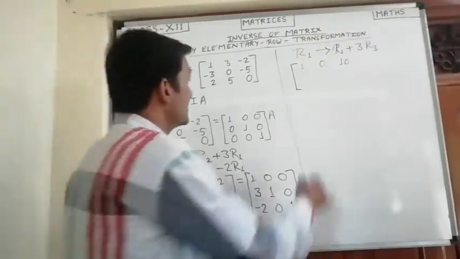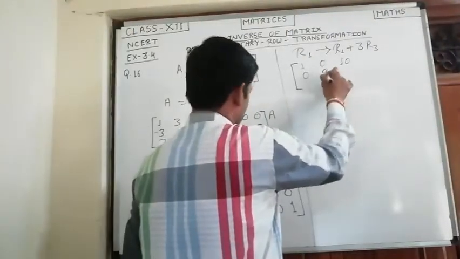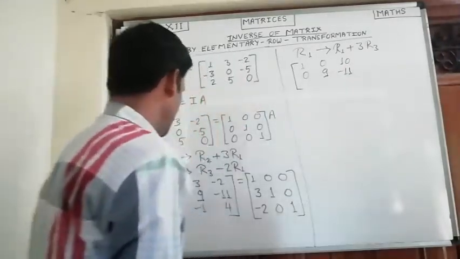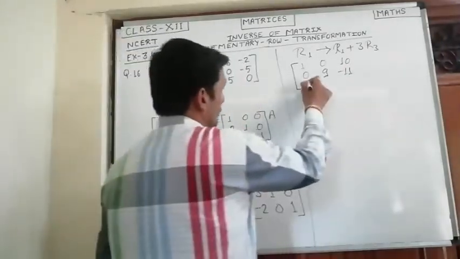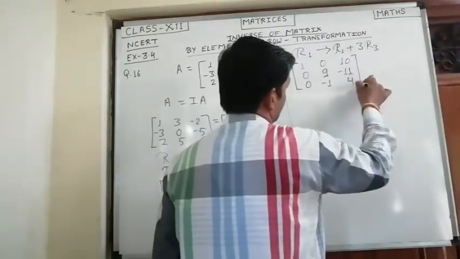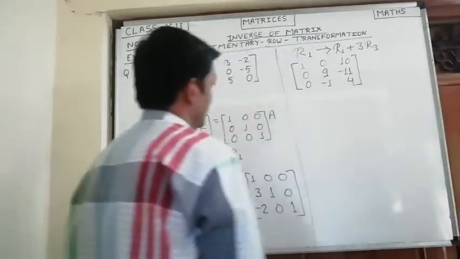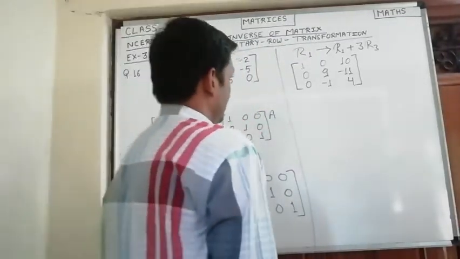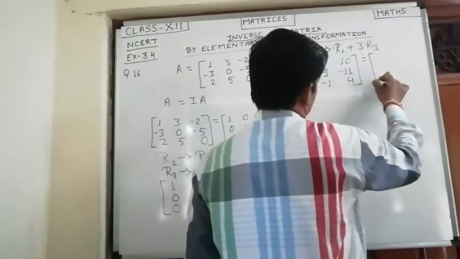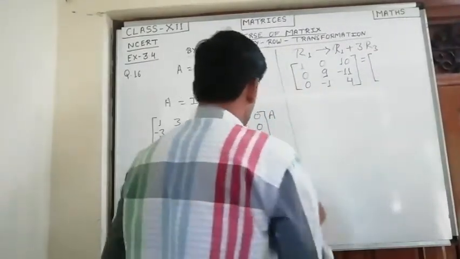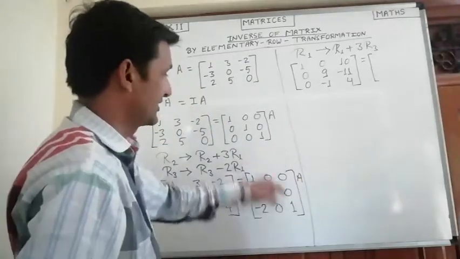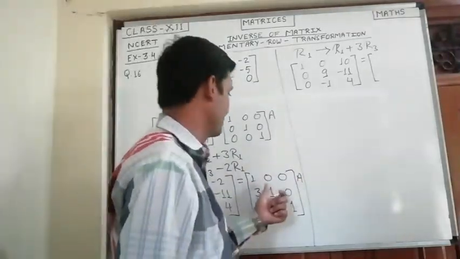Here 0, 9 and minus 11 as it is. Here it is 0, minus 1, 4, into A is also there. This you have to remember, that you have to write A here after applying properties.